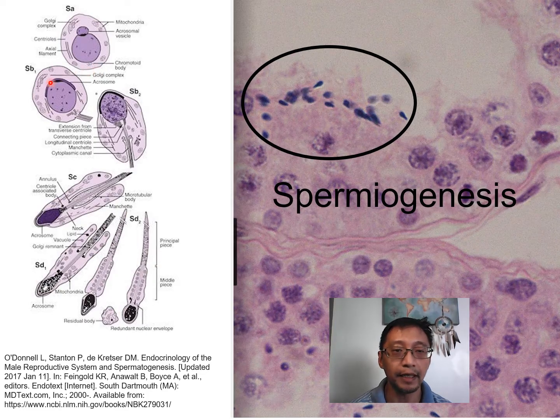The Golgi apparatus will form your acrosomal head, while the centrioles will develop your flagellum. The excess cytoplasmic material will slough off until you have now your mature spermatozoa. Around the midpiece of your spermatozoa, you have your mitochondria that will provide energy to the motility of your sperm cell.